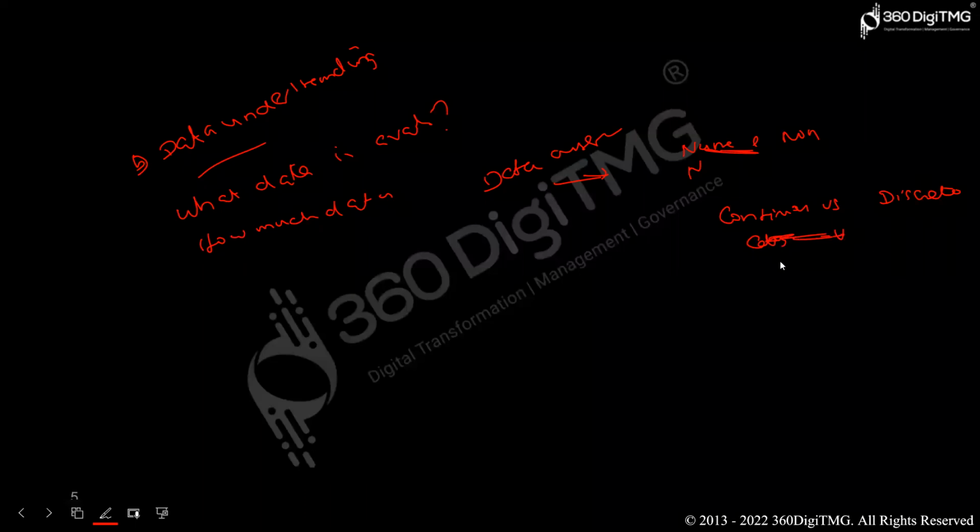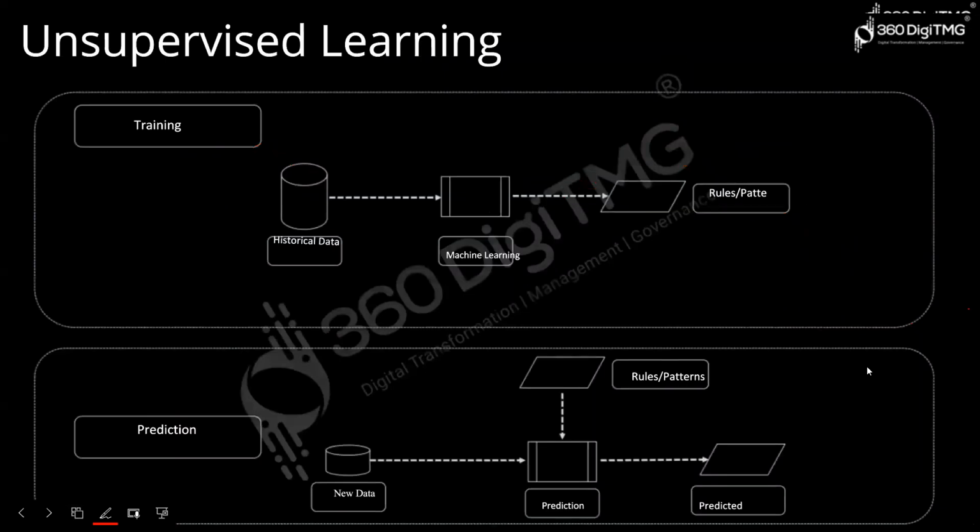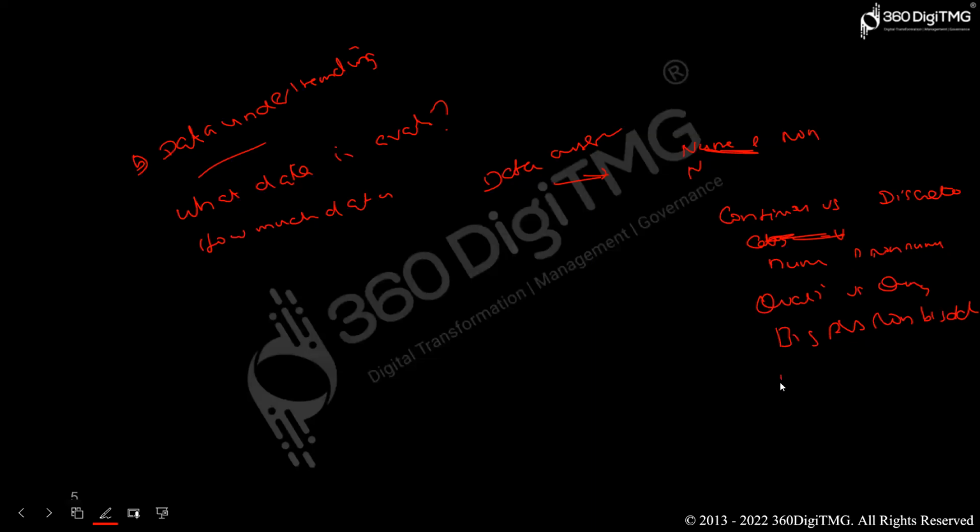Continuous and discrete data, numeric and non-numeric data, qualitative versus quantitative data, big data versus non-big data, cross-sectional versus time series data.